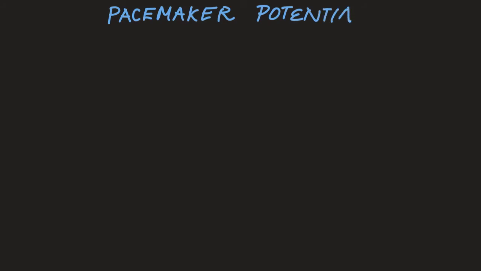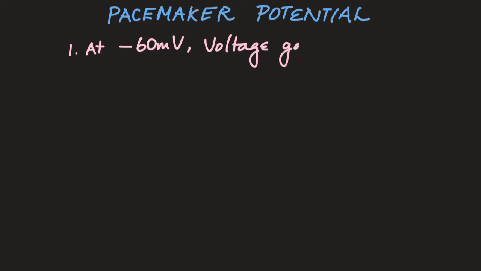Let's review what we just learned about the formation of an electrical impulse at the SA node. The first stage is the formation of the pacemaker potential. At minus 60 millivolts, voltage-gated sodium channels open and sodium flows in. So there is an inflow of sodium. Let's repeat that.